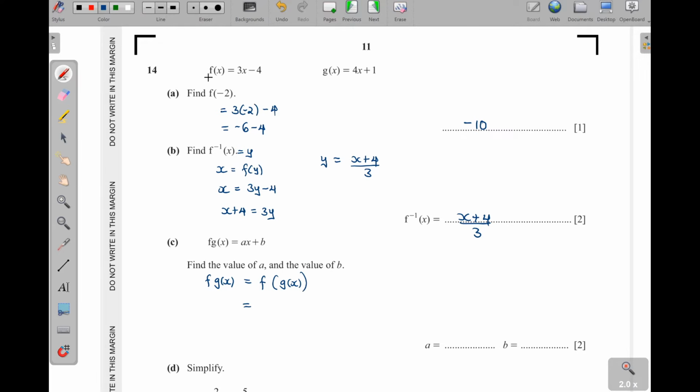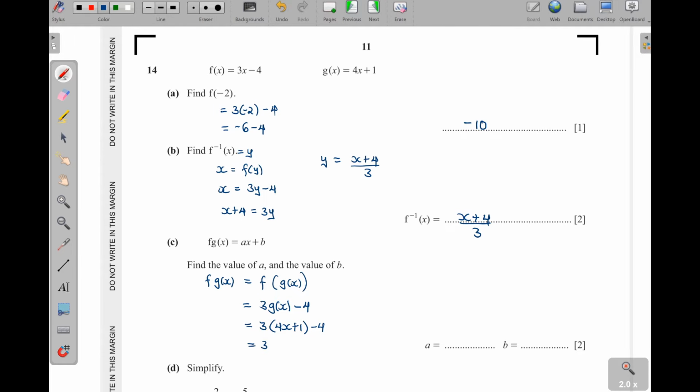Now, just like we have f of x is equal to that, now, in the place of x, okay, we are going to put this whole function g. So that means we are going to have 3, then g of x, and then there is a minus 4, okay? Now, put the function g, which is 4x plus 1 minus 4.